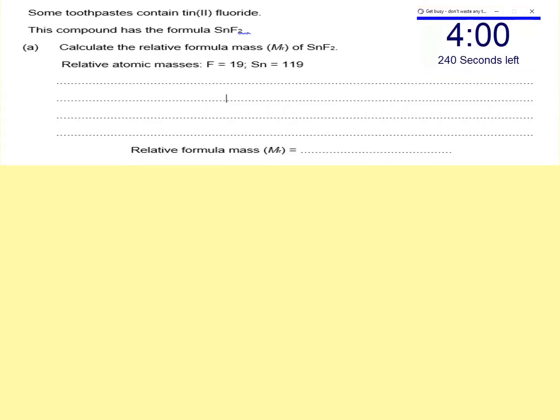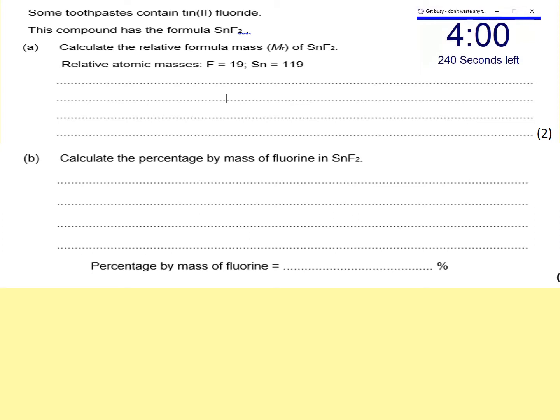Now, this is a typical exam question that is based on this. And actually, it's broken very nicely into separate sections for you. You first of all have to calculate the relative formula mass of something called tin fluoride. You've then got to calculate the percentage by mass of fluorine in the tin fluoride.